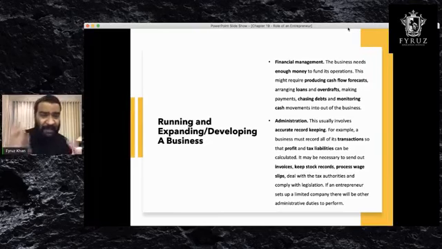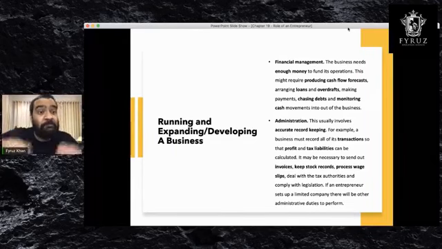Now, for a business, you need enough money to keep it operating. You need enough cash flow. Again, for a factory, the money that you need will be much higher. But for a retail shop that we have seen, it'll be quite less. But you need cash flow.